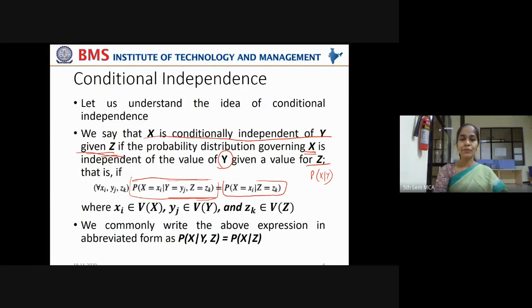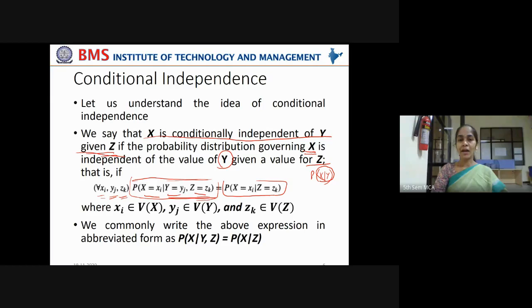That is, if you take variable values xi, yj, and zk, you can represent this conditional independence as: the probability of X having the value xi is conditionally independent of Y having the value yj given Z equal to zk. Okay, initially we used to read it as x given y.